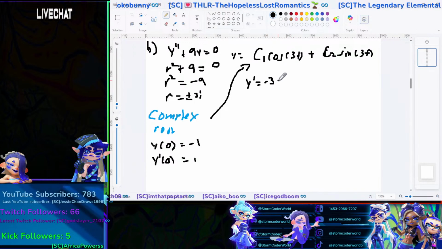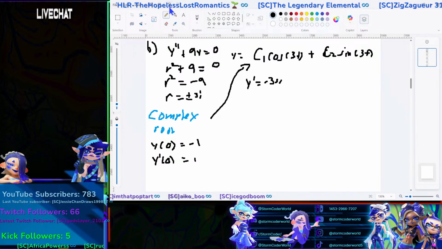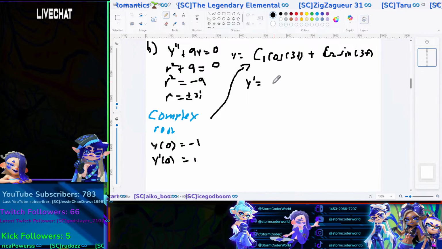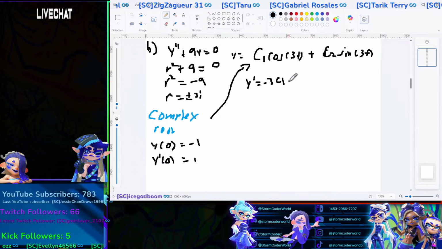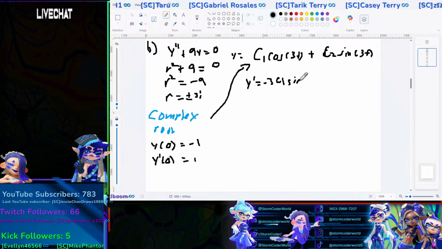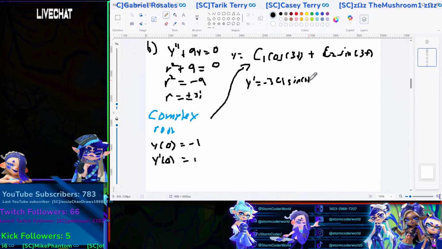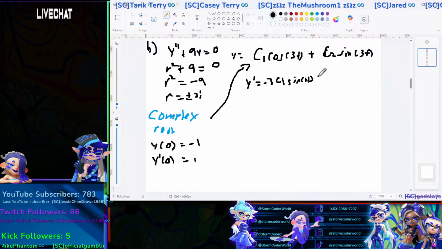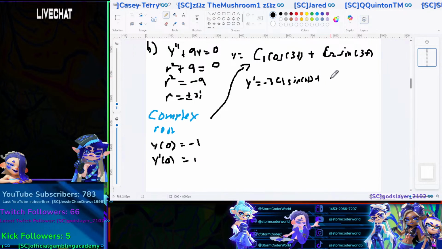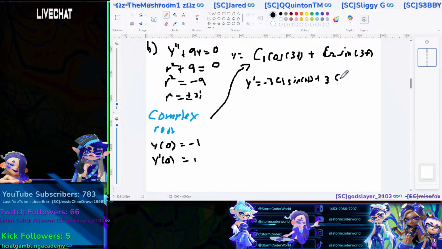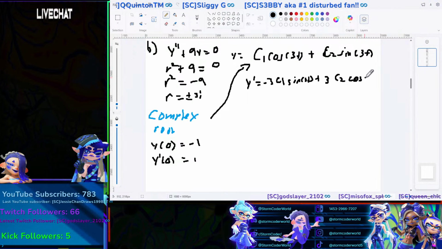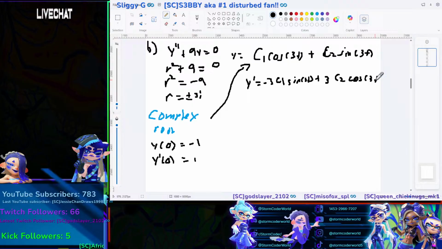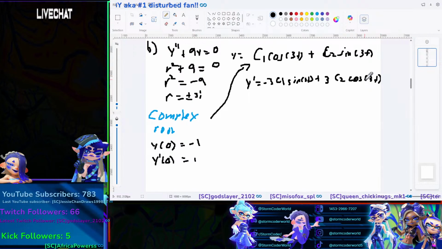So -3 sine, but I'm missing the C1. -3 C1 sine 3t. And then this one is also the same thing, but for cosine: 3 C2 cosine 3t. Okay, so those are the derivatives.